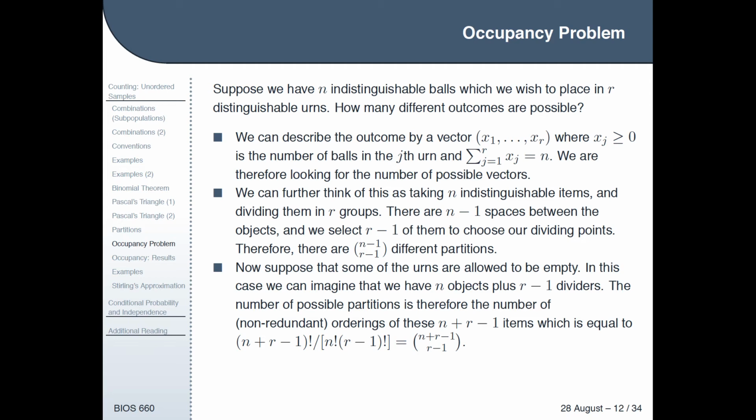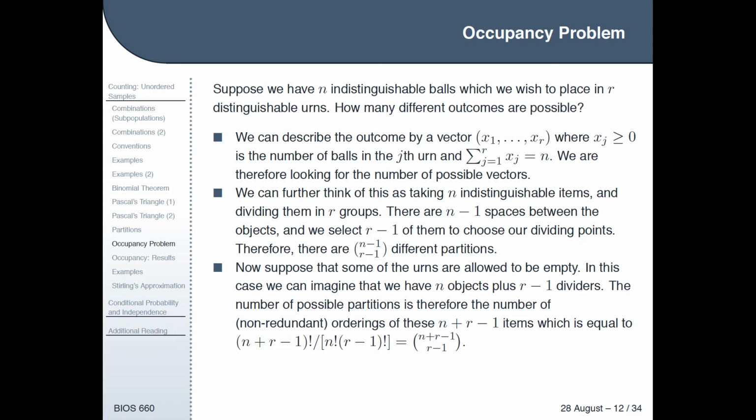So in the first one, we're thinking of r less than or equal to n. We're assuming fewer urns than balls. And does it even make a difference? I haven't really thought through that scenario.